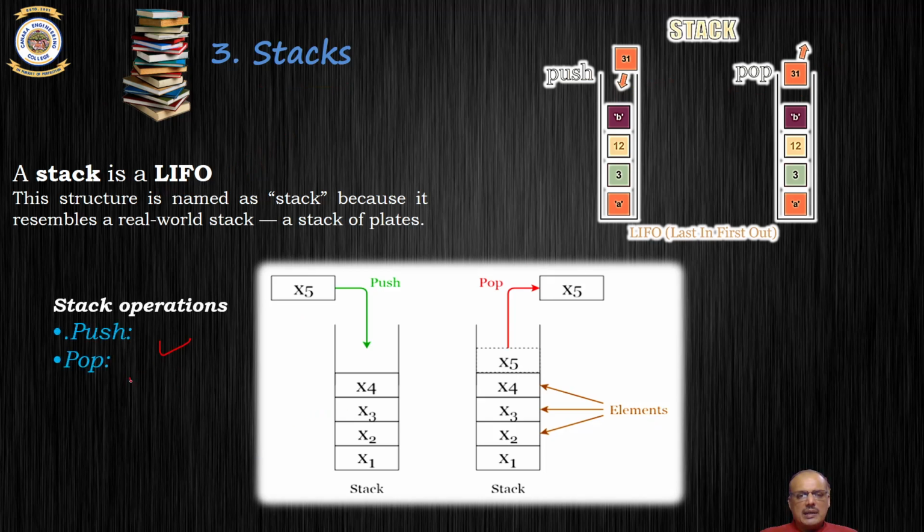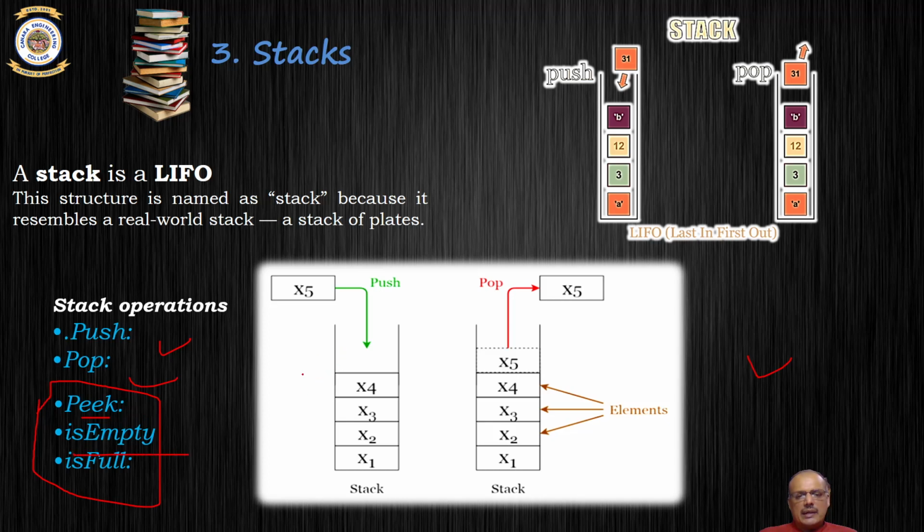The push and the pop operations are the only two operations which are permissible for adding and removing data in the stack. Apart from this, you can have some operations to know the status of the stack, like peek, is empty, and is full. The peek operation finds out whether an element is present in the stack or not. It's something like a search, but you cannot delete or insert any element using peek.